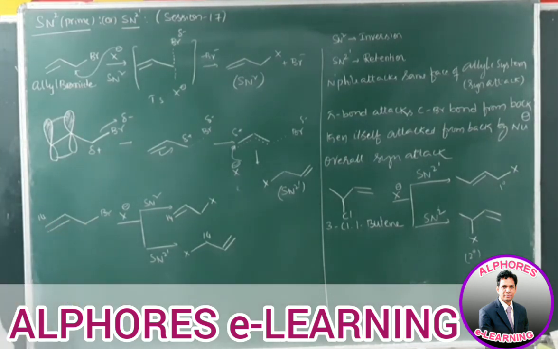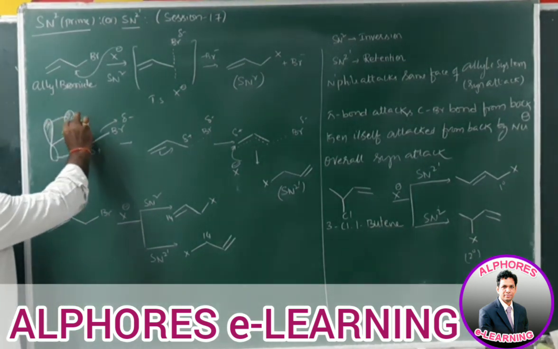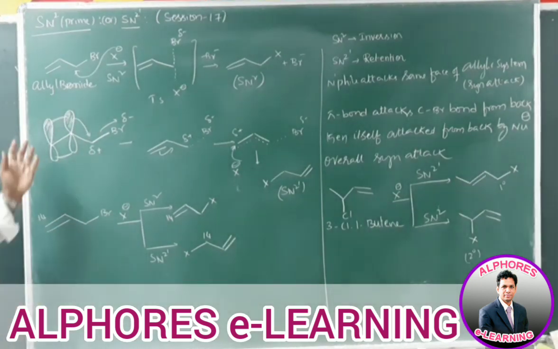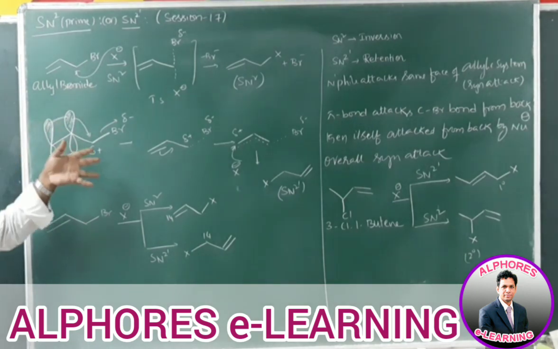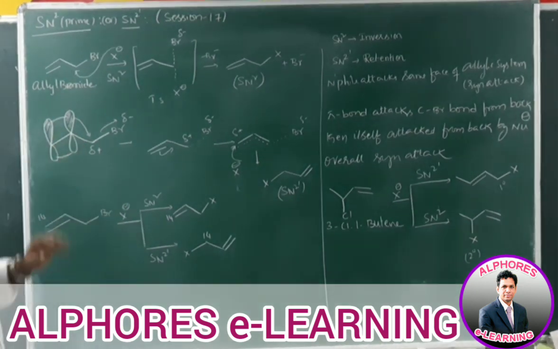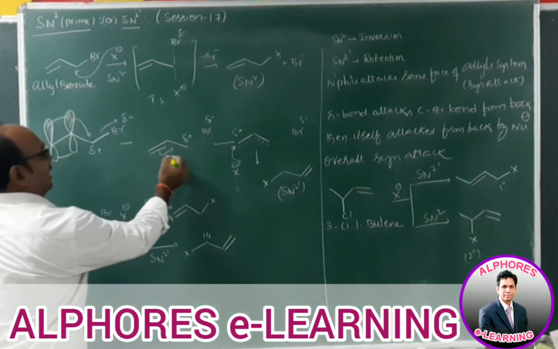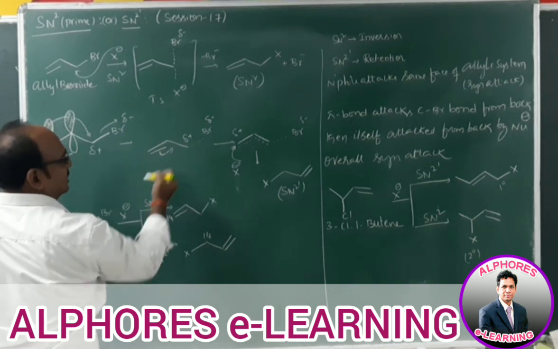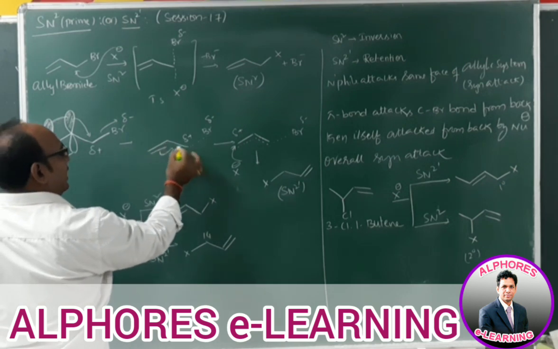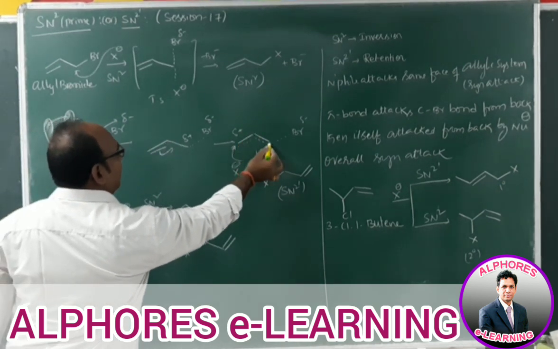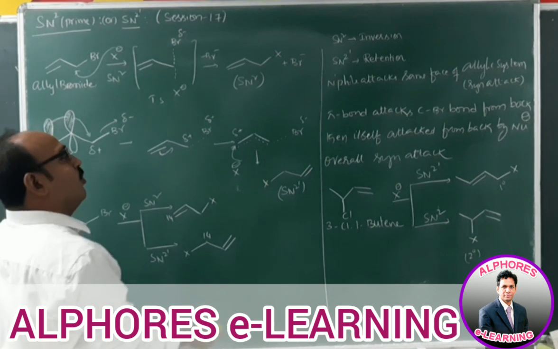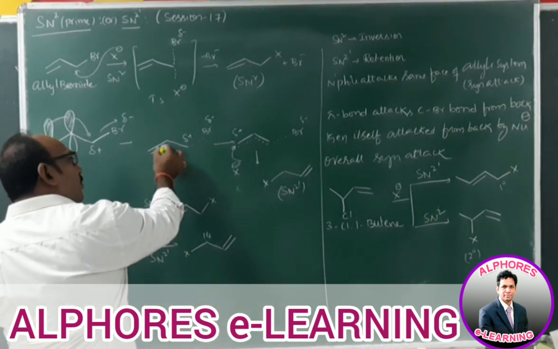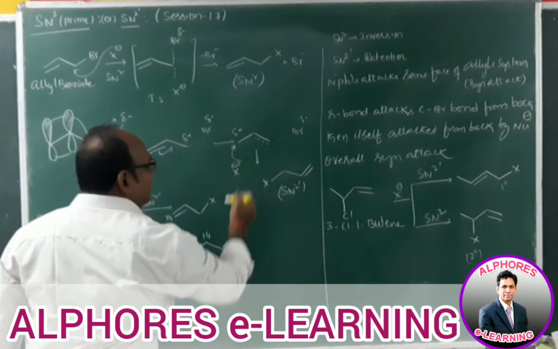Towards that positive charge, the labile, loosely bound pi electrons can move freely. When the pi bonded electrons shift towards the positively charged carbon, there will be resonance among these three carbons. The more the tendency to leave the leaving group, the more the tendency to shift these electrons towards itself.